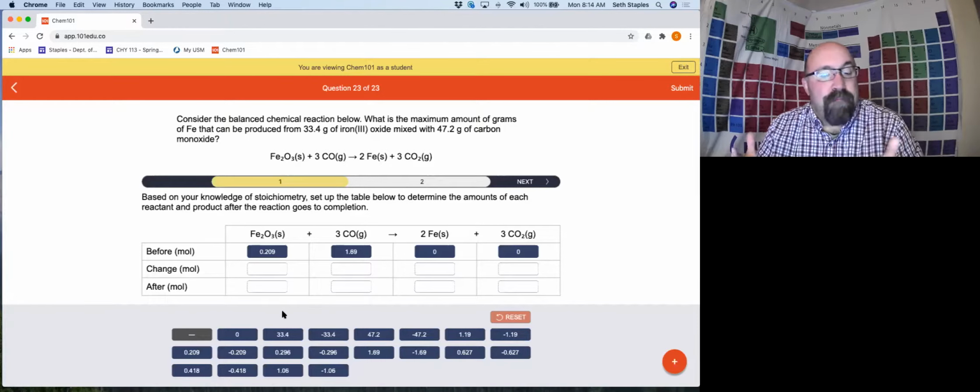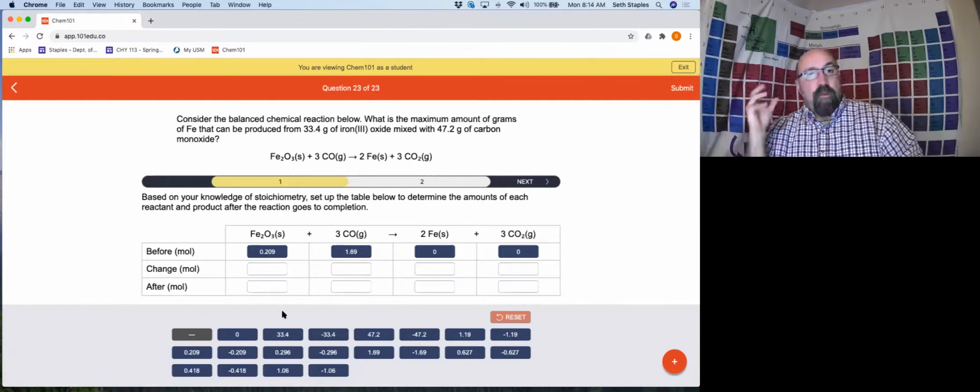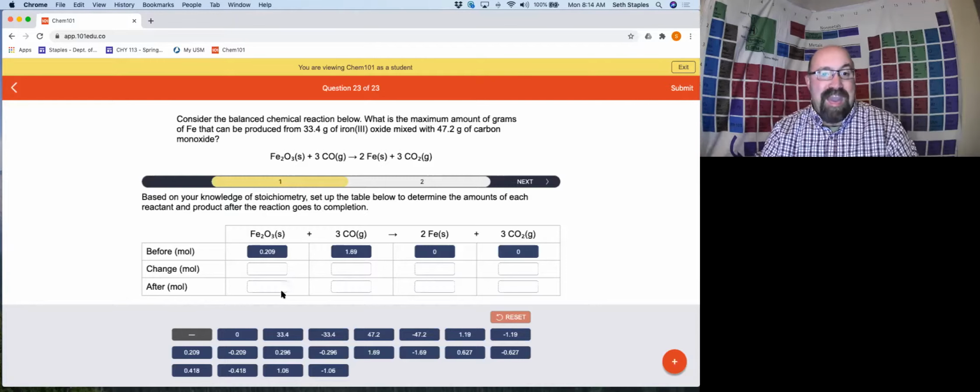The other way to think about it is, again, looking at sort of the way I presented it in lecture, we compare what we have to what we need. What we have is 0.209 compared to 1.69. And so we have 0.209 divided by 1.69.